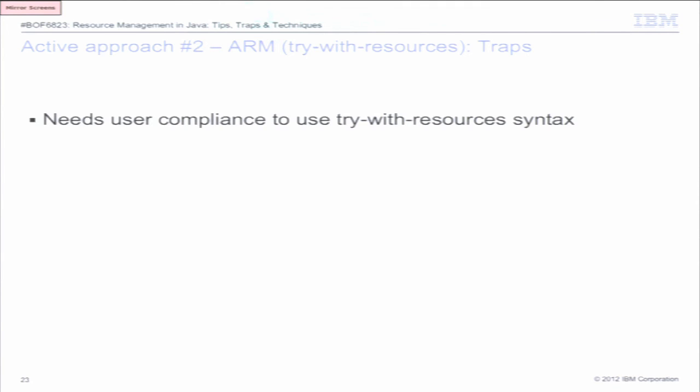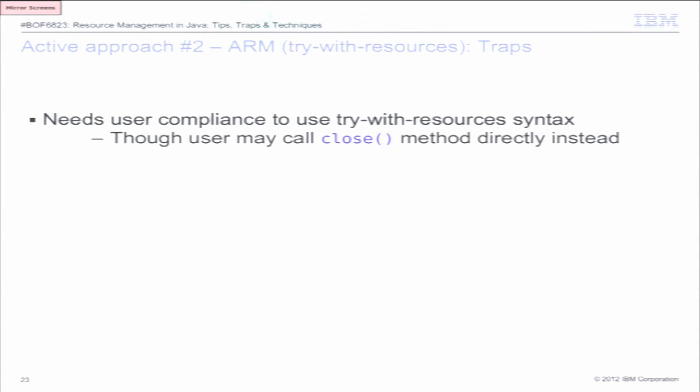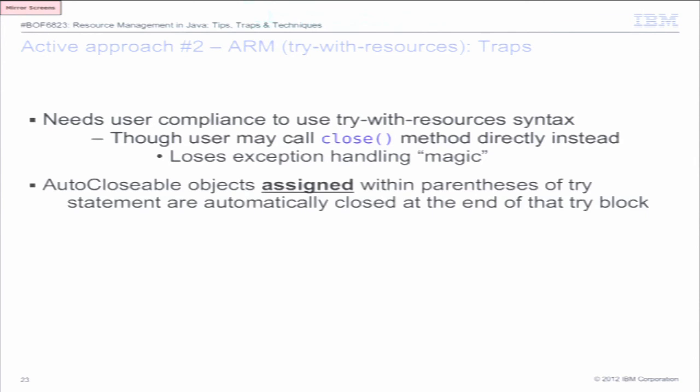There are a few traps with it. First of all, the user still needs to comply with using the try with resources syntax, though they might choose to call close directly because, hey, it's just a method, and if they call close directly, then they lose all the magic exception handling code that gets generated if you use the try with resources approach.